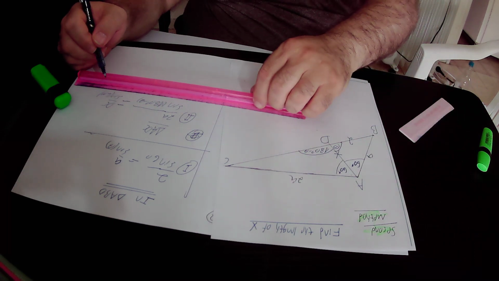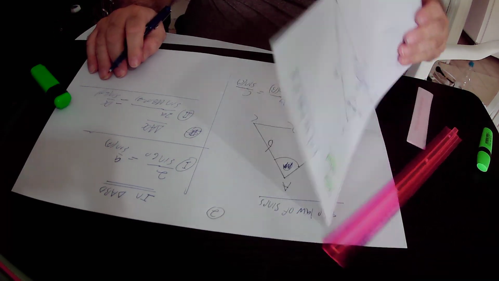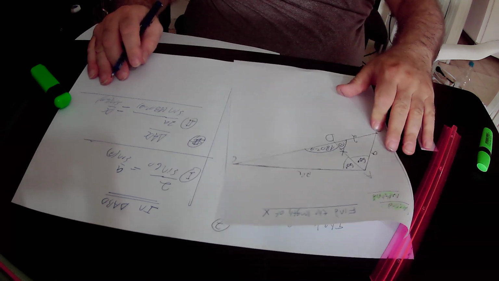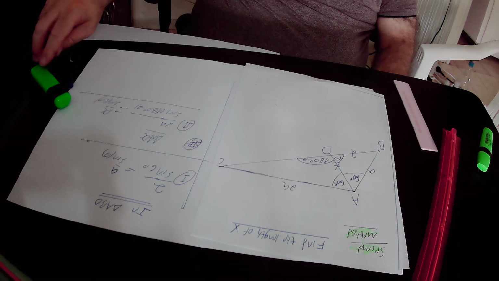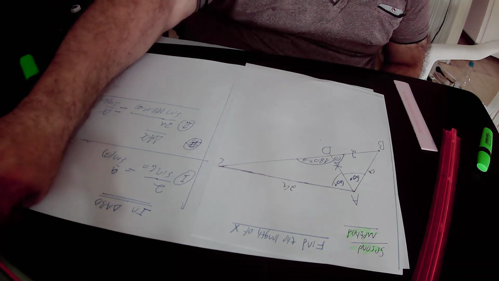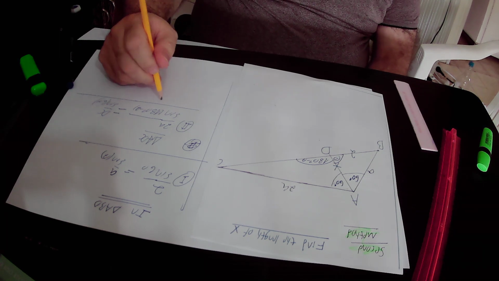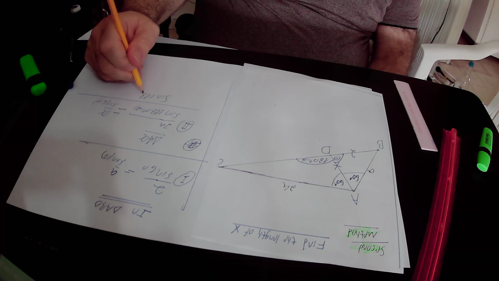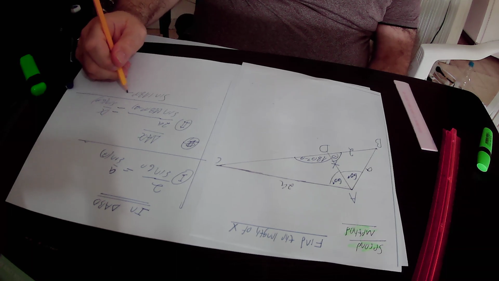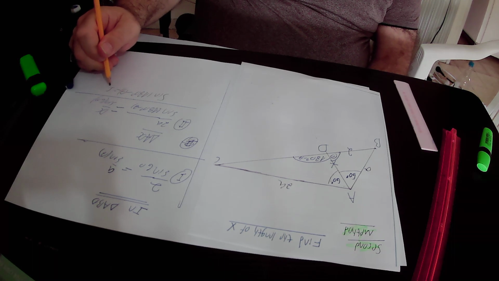Actually, we have the trigonometric identity that sine of 180 degrees minus theta equals sine theta.